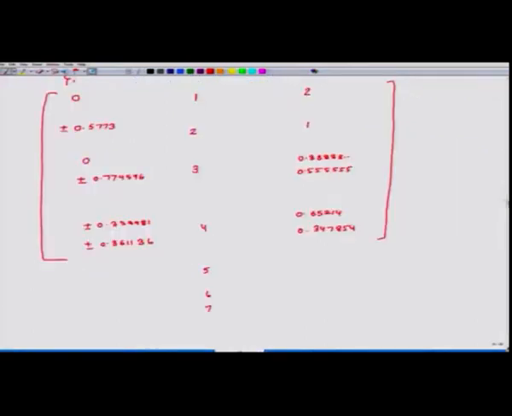Now the question is, what r should we choose?